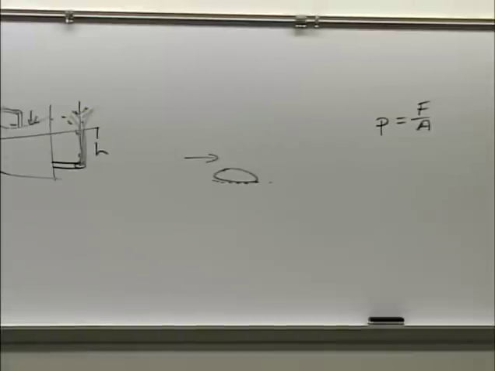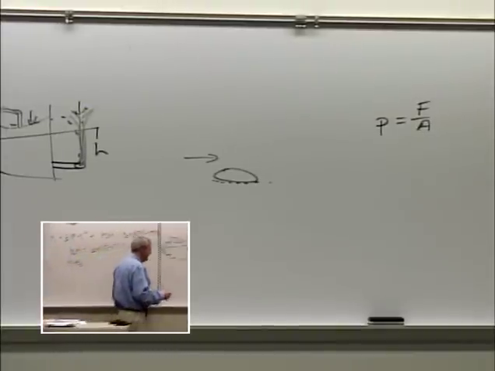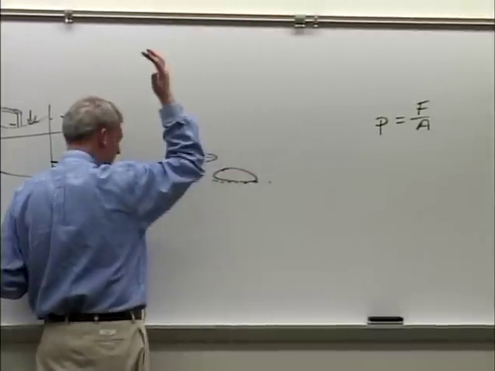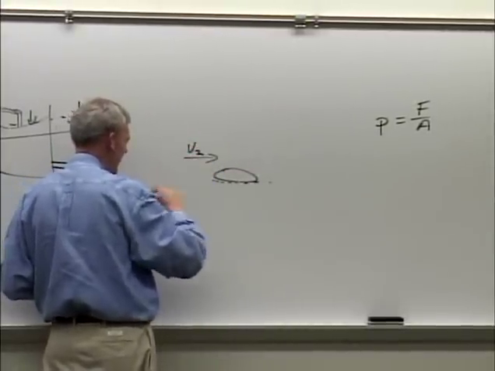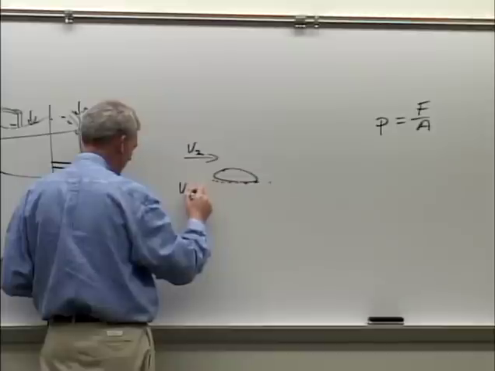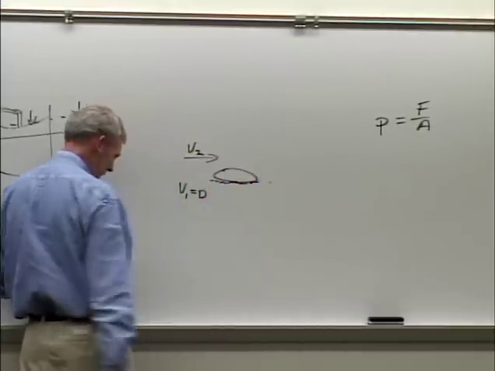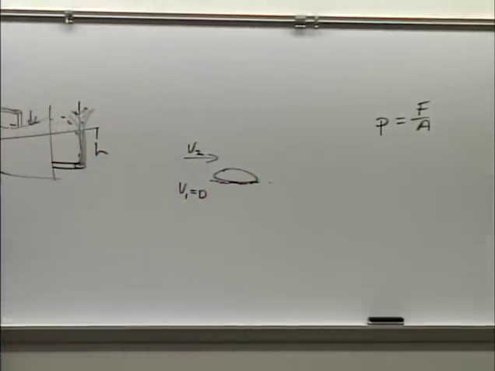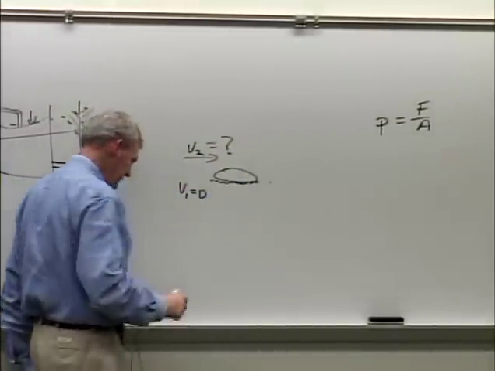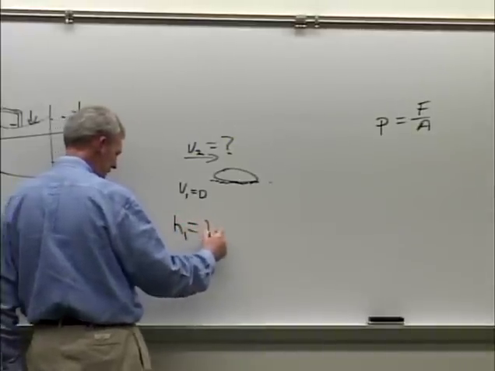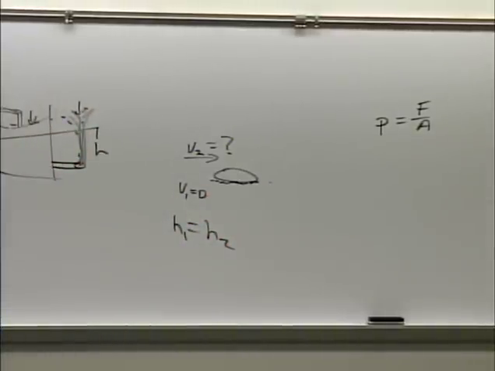We're looking for that change in pressure that will cause this penny to flip up in the air. So we're looking for this velocity 2 right here, because velocity 1 equals 0 underneath the penny. V2 is what we're after. H1 equals H2, so this goes away.